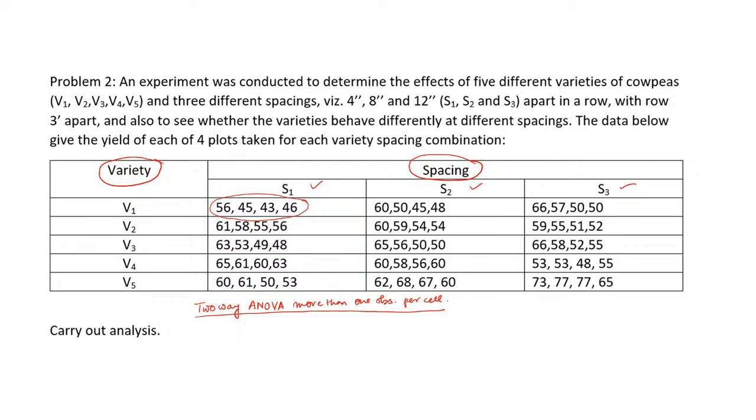Now, here Yijk denotes the yield of the kth plot for the ith variety at the jth spacing.